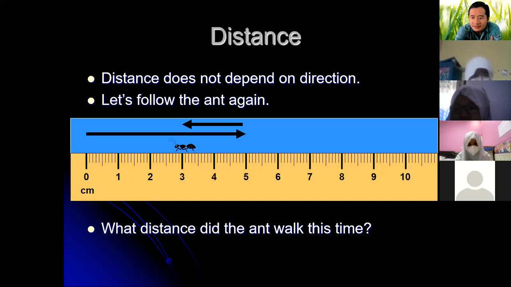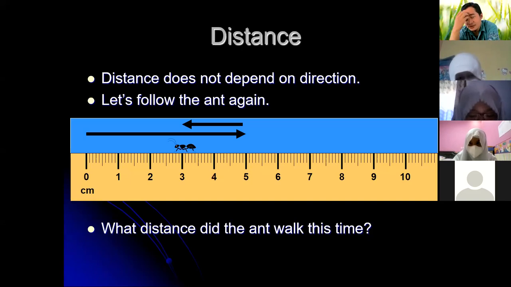For Mbak Nashwa, 3. Now I want to ask Mbak Alicia Shafira. Please, your mic. Based on my explanation and your understanding of it, with this slide, what distance did the ant walk this time?